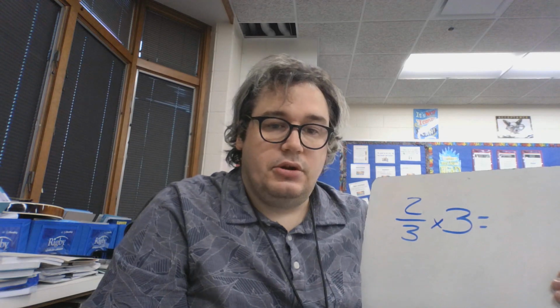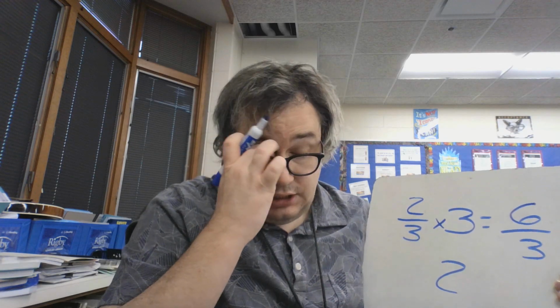I'll let you pause the video to figure that out. 2 times 3 is 6 over 3. 6 divided by 3, and we get 2 feet. So 2/3 of a yard is actually less than a yard, right? Which is why we have less than 3 feet. Okay? And so this is what you're working on today. You're really just multiplying these things out.